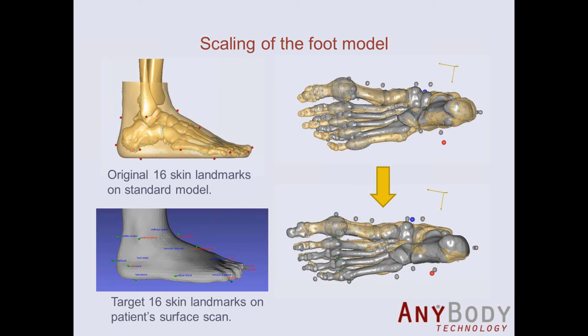So we have defined those 16 landmarks on the standard foot, the unscaled one. And then what you have to do is to pick those corresponding landmarks on the geometry of the patient, the new geometry. So that's basically a scan of the surface of the skin.